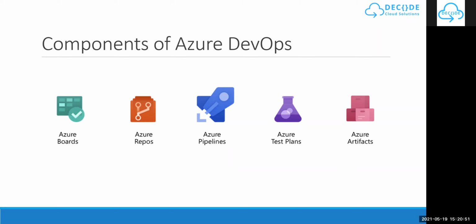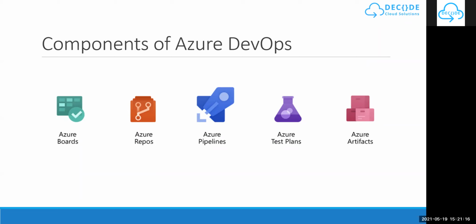Azure DevOps provides integrated features that you can access through your web browser or IDE client, and you can use one or more of these standalone services. If you want to use them in a combined manner, you can, and if you want to use them individually, you can. Either integrated or standalone, it's your choice.